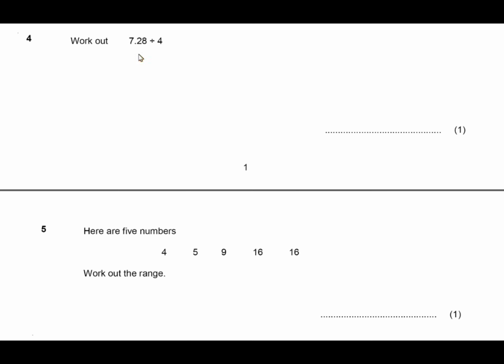Question 4 is asking us to divide 7.28 by 4. So set up your bus stop to do the maths. And then go along the bus stop. So 4 goes into 7 once, and there's a remainder of 3.